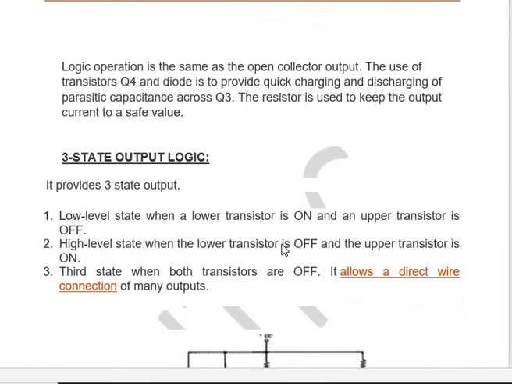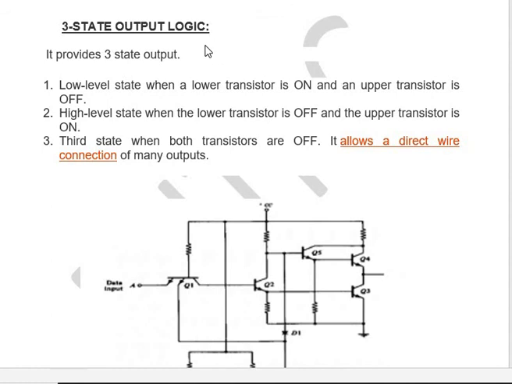Okay, so now in three state output logic, this circuit provides us with three outputs. One is off, which means 0, on means 1, and the third state is actually a high impedance state. Okay, and it allows a direct wire connection of many outputs.